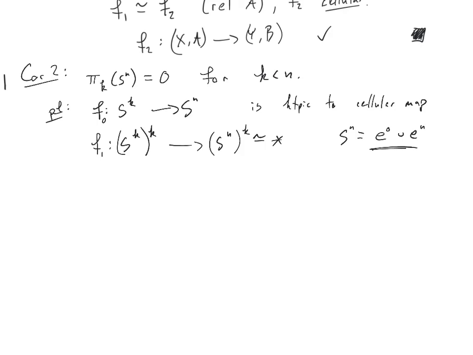There's one good cellular model for it, so its k-skeleton is contractible. And that means that F1 is null homotopic. So, or rather F is null homotopic. So F is homotopic to F1, which is homotopic to the constant map.